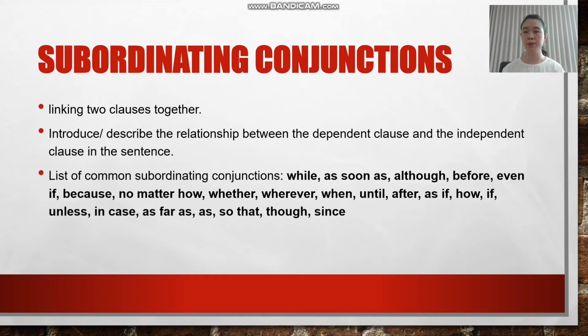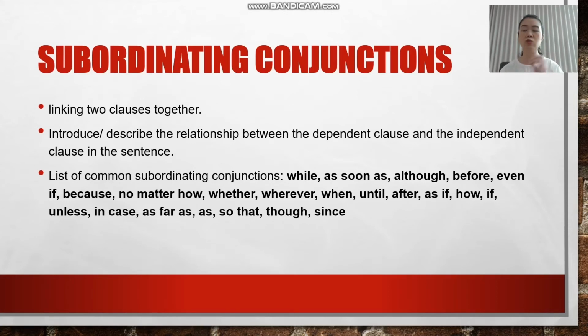Okay, for subordinating conjunctions, you can see that we use them only to link or join two clauses together. Okay, so it means that we can't use them to join words together or phrases together, only two clauses together.